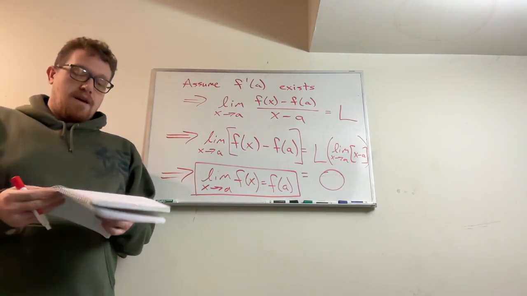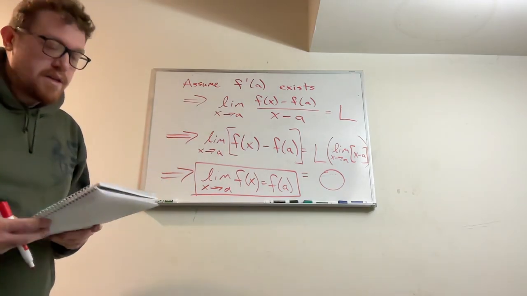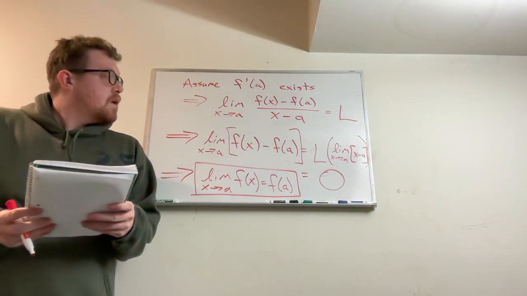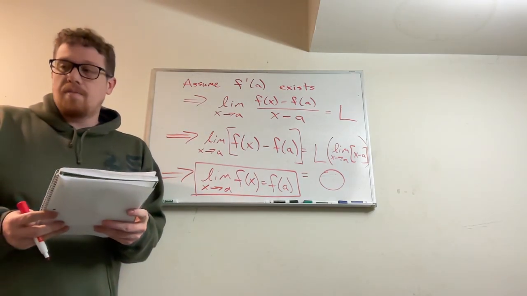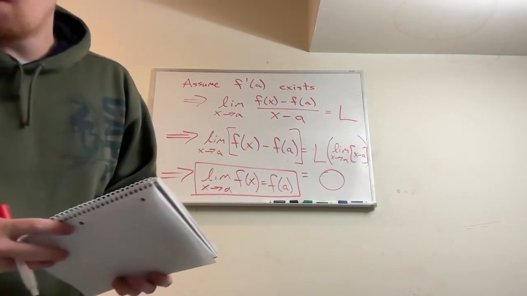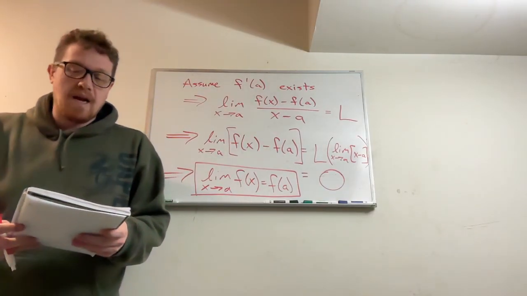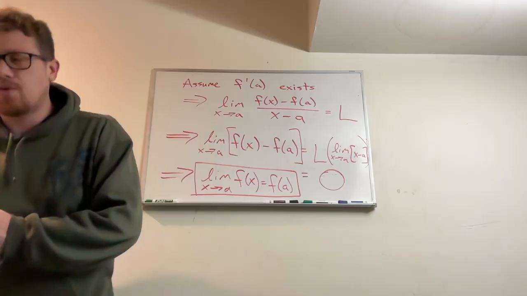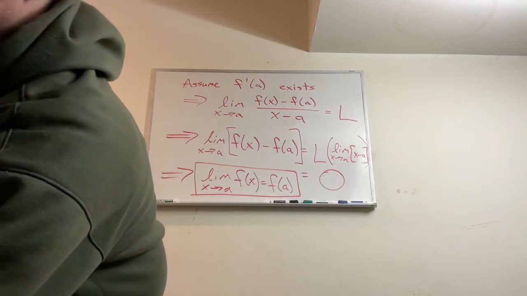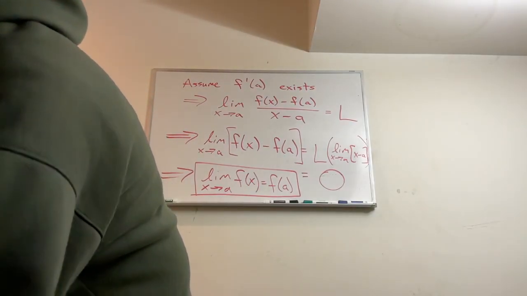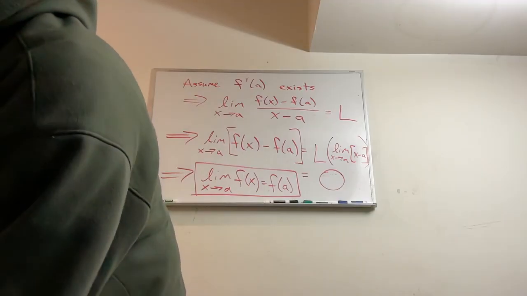Okay, I think that's basically all I prepared for today. We did a little bit on derivatives. Next time, I'm probably going to get into some more of the derivative laws. Let's see where we go in the next part of this book.